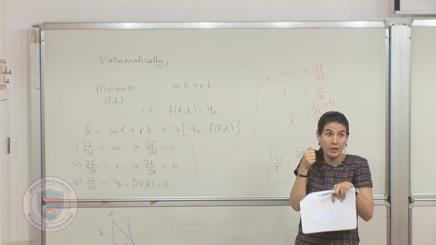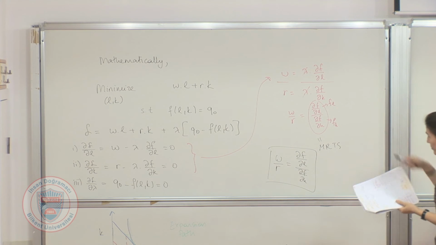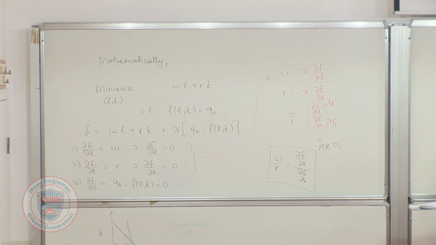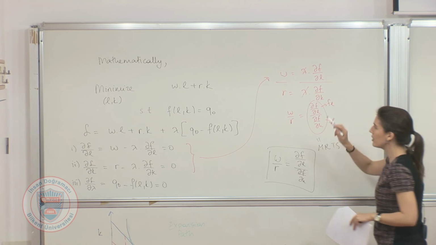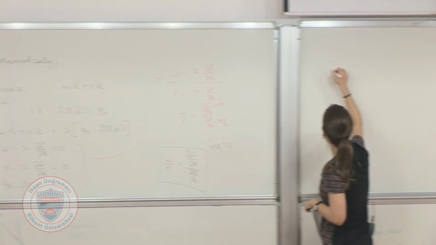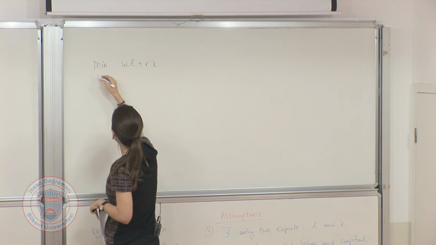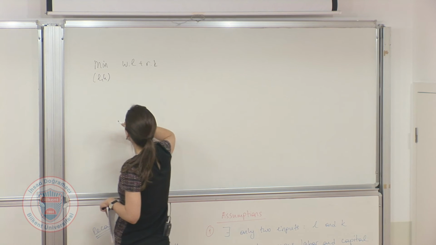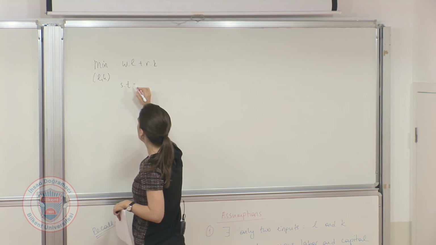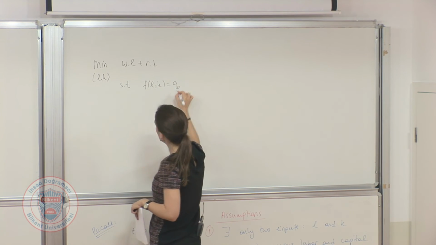So we minimize wage times L plus R times K, over L and K, subject to F of L, K equal to Q0.